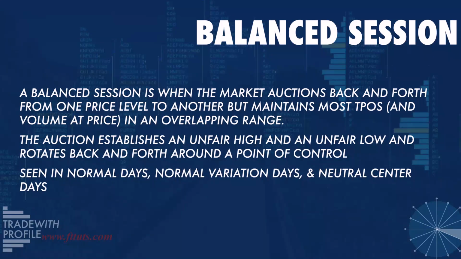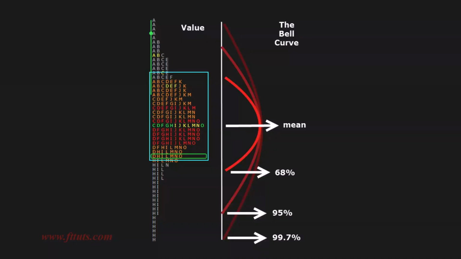We see this in normal days, normal variation days, and neutral center days, and they often end up looking something like this, where we have an established point of control right in the middle of the profile, and there is an unfair high and an unfair low, and there's a value area where most of the trade takes place, and there's lots of overlap throughout the session.